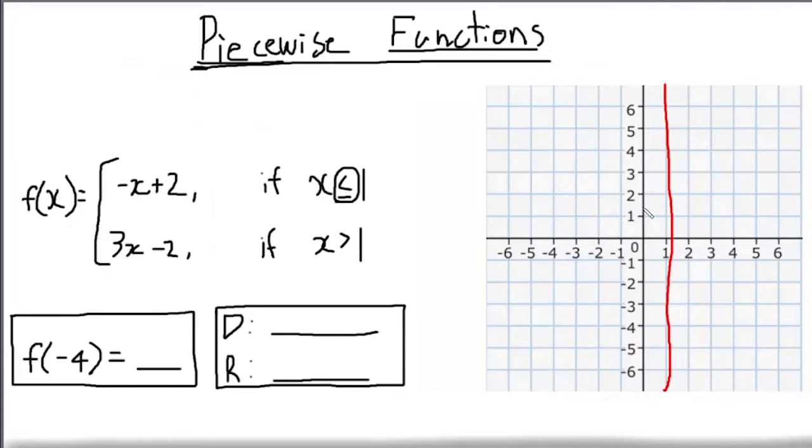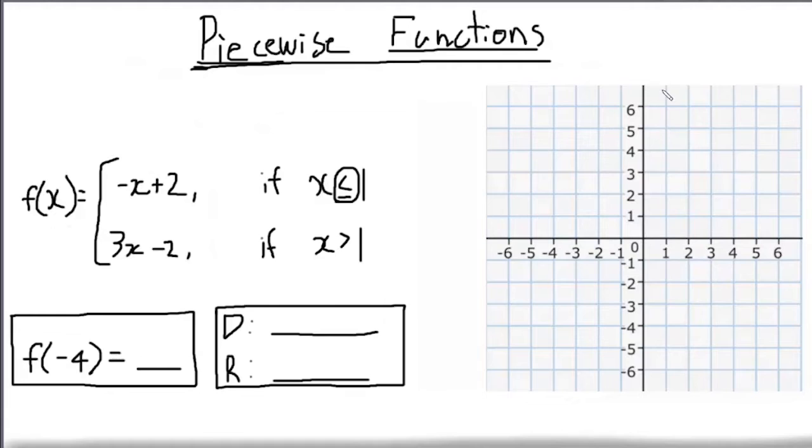Once we get to actually graphing this, we see that negative x plus 2 has no visible slope number, so we can assume that the slope is 1. Actually, the slope is negative 1. So we know that it's going to be looking like that. We can just start graphing it from 1 onward.